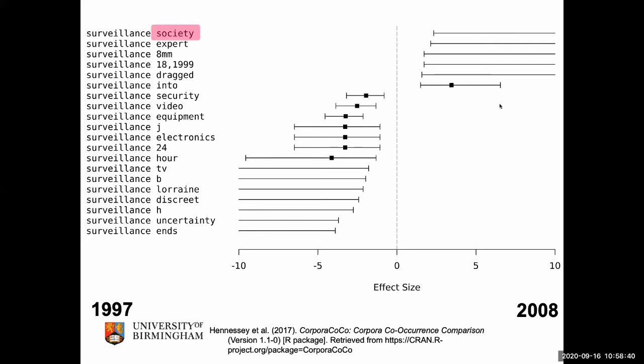I was looking at some other examples, but it seemed that surveillance over time moved from this niche thing that happened in adverts and only a little bit in not the main section, into actually the center of attention in the 2000s and 2008 in particular.